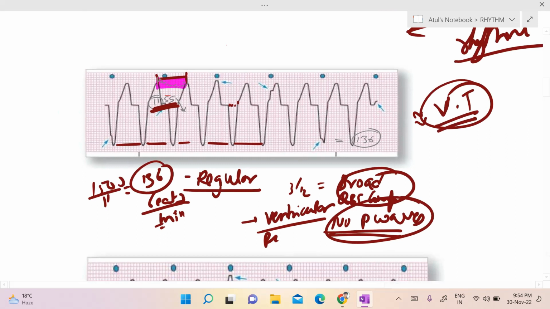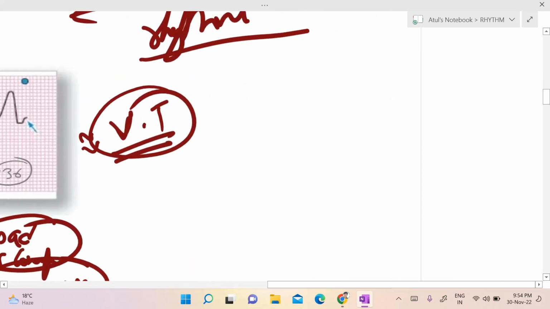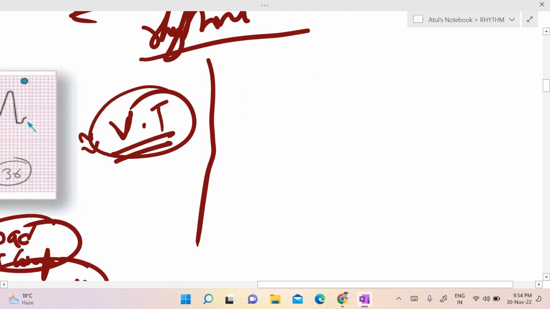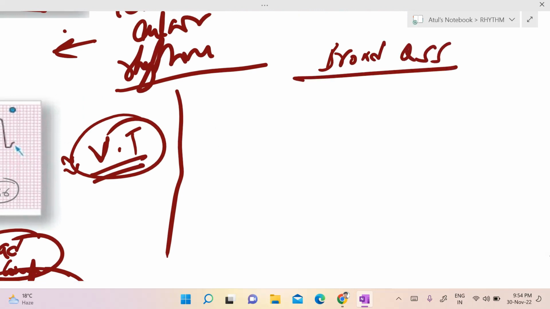Now, how do we confirm that this is ventricular tachycardia and not supraventricular tachycardia with aberrancy? Let's understand the concept of SVT with aberrancy and VT. Broad QRSs. So this is V1, this is V6.